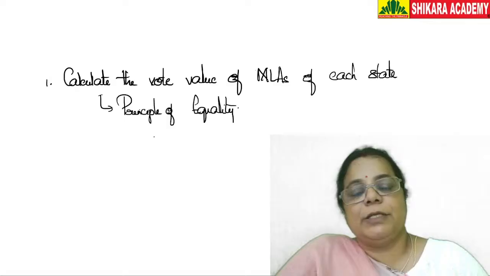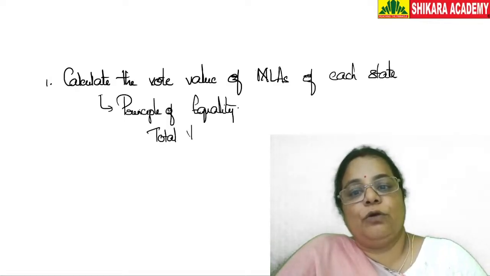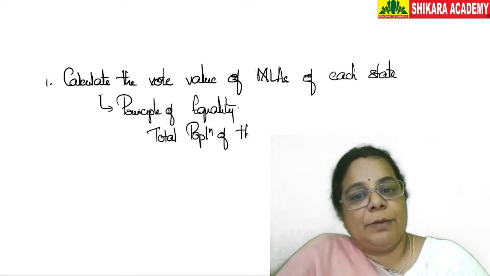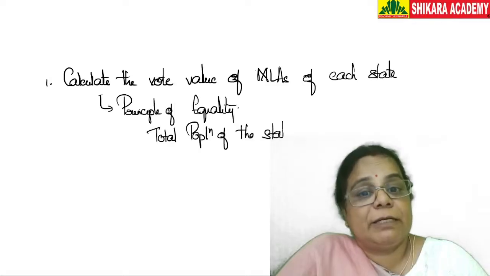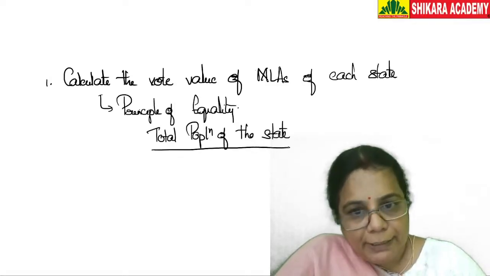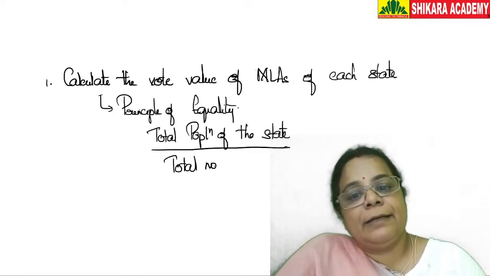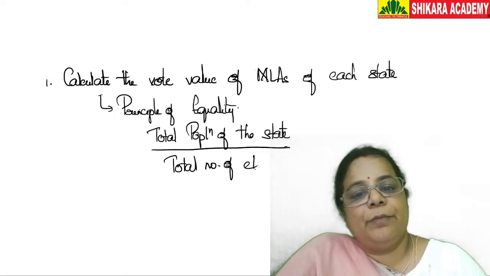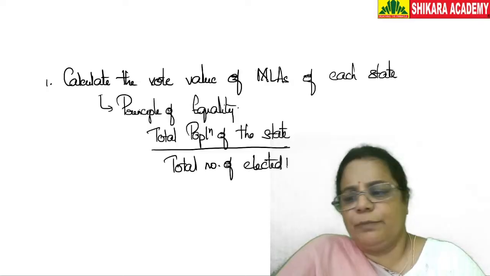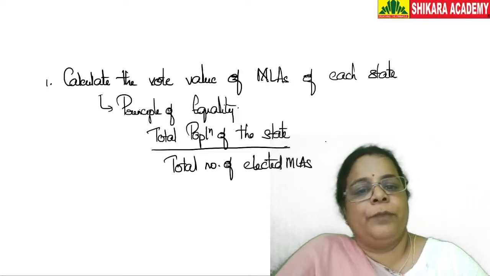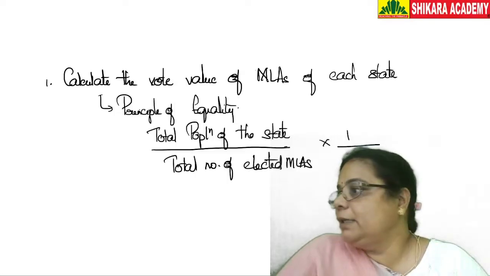Why? Because the method of calculation of the vote value of MLAs is the same. And the formula used is total population of that state, please remember here we use the 1971 census data, divided by total number of elected MLAs, into 1 by 1000.